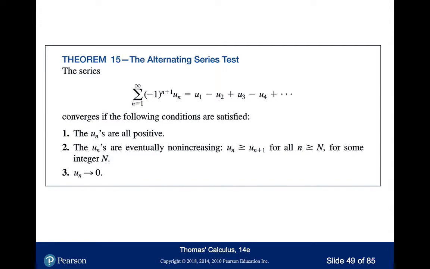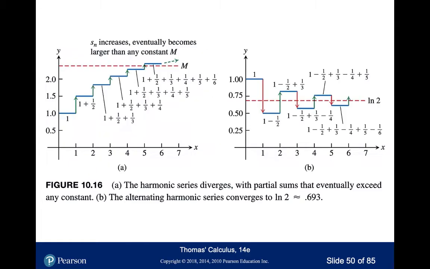Still doesn't necessarily mean decreasing, but the terms have to be not getting bigger after some point. And then our third one is that the terms themselves have to have a limit of 0. If the terms themselves are becoming 0, then that is our third one. So if all three of those are met, then we can say that the alternating series will converge.